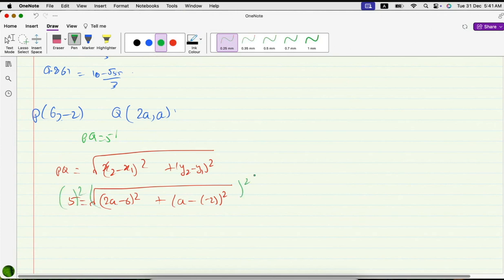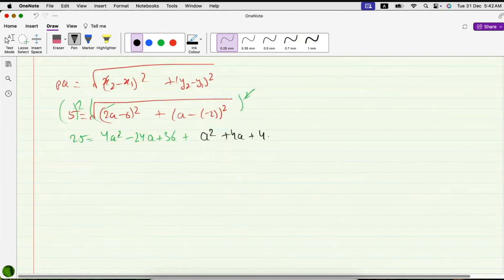Squaring both sides, 25 is equal to (a minus 6) square plus (a plus 2) square. Expanding, a square minus 12a plus 36, plus a square plus 4a plus 4.